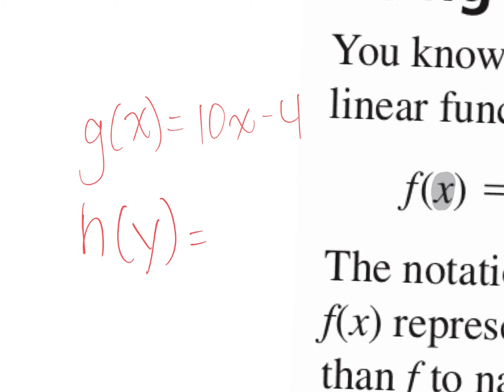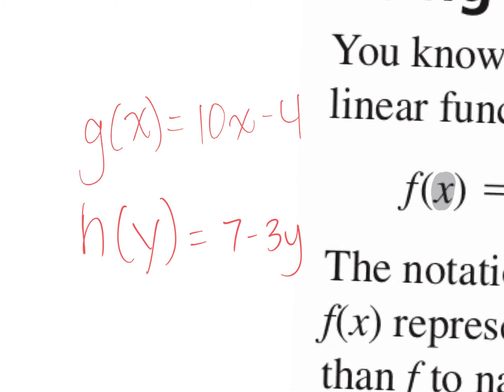So we can write like 7 minus 3y. You're going to see that variable repeated on the right-hand side because it changed what was inside the parentheses. Does that make sense? Now, our dependent variable is still the name of our function. So the function g would be our dependent variable. The function h would be our dependent variable, okay?